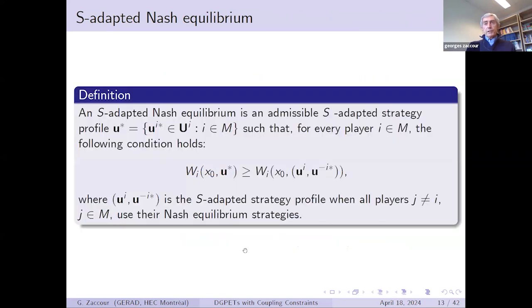Now, by doing this, as I said, we can use the classical or standard machinery for defining Nash equilibrium and its existence and uniqueness. So an S-adapted Nash equilibrium is an admissible S-adapted strategy u* such that for every player i in M, the following inequalities hold true, and you recognize here the classical definition of a Nash equilibrium.